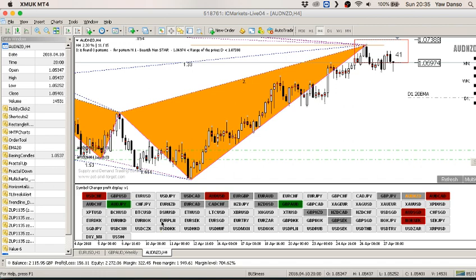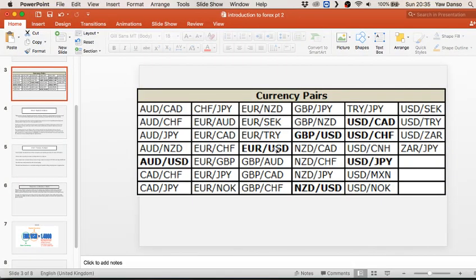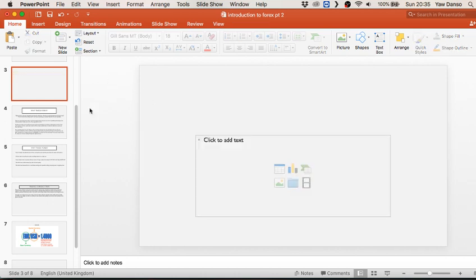You wouldn't find it here. There's nothing like GBP EUR on there, but it is Euro GBP the other way around. Does it make sense? So I'll get an image for you guys and you can learn it properly. Okay.